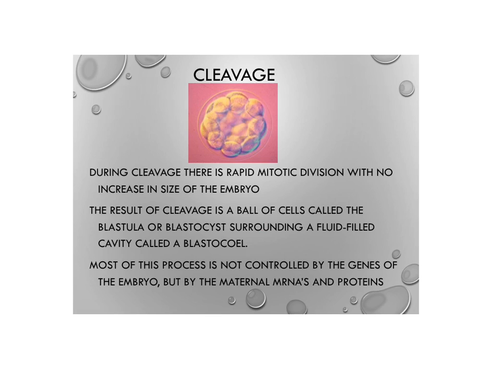And this ball of cells is called a blastula, or sometimes called a blastocyst, and it surrounds a fluid-filled cavity called a blastocele. Most of this process is not controlled by the genes of the embryo, oddly enough, but by mRNAs and proteins that come from the original maternal egg cell.